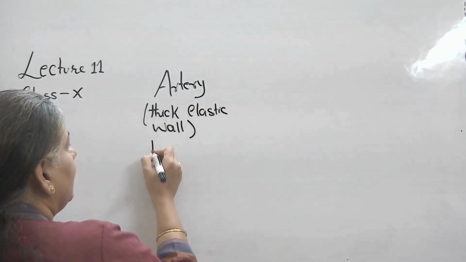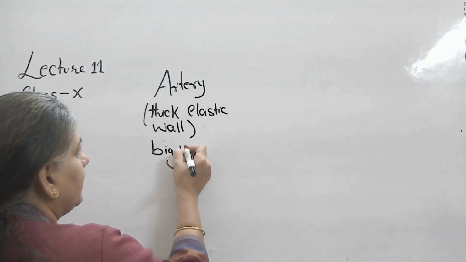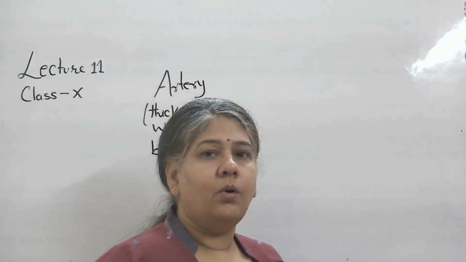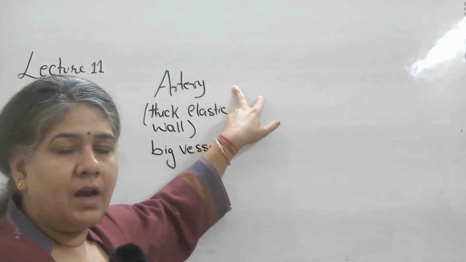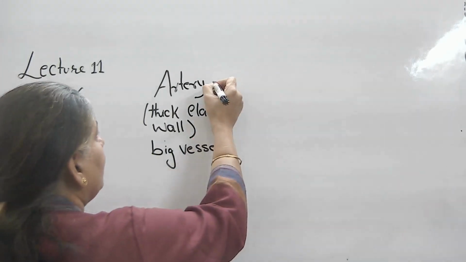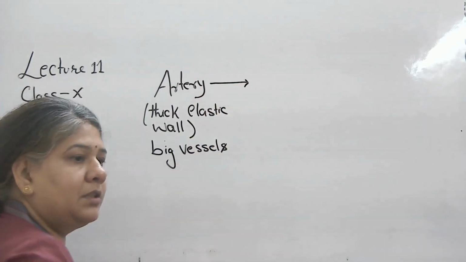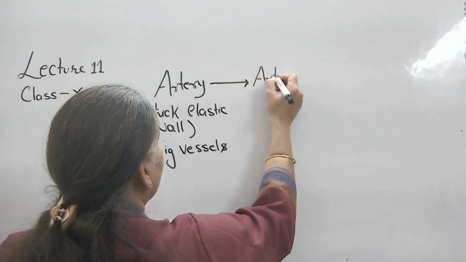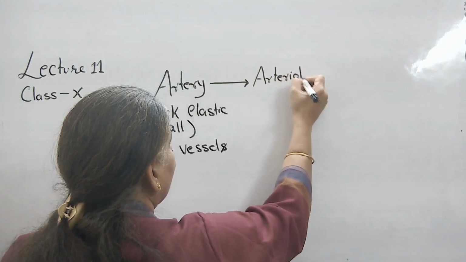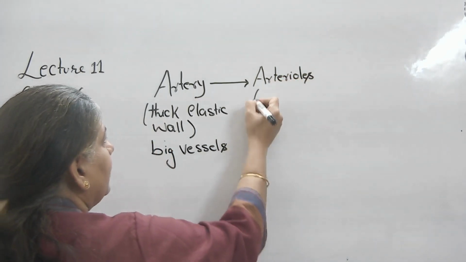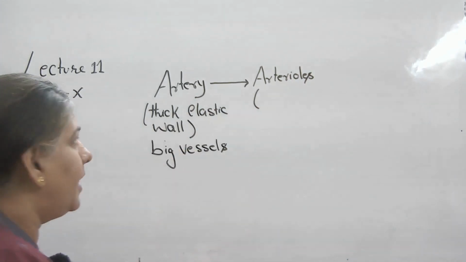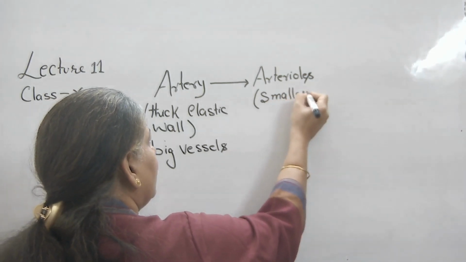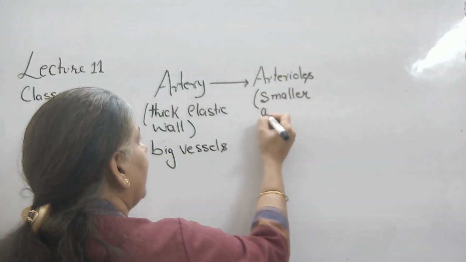Okay, since these are very big vessels, so these big vessels cannot enter the organ. So these arteries start dividing into smaller vessels which are called arterioles. So these are comparatively smaller than artery, or you can write smaller artery.